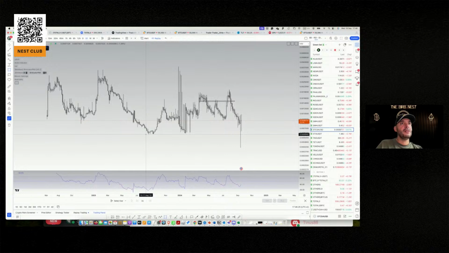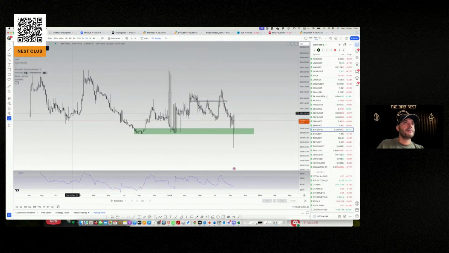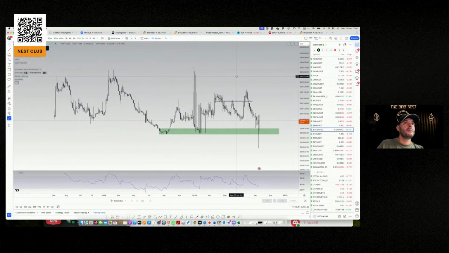Yeah, just like many other. Is this the one? Yeah, I guess so. This is the one. This is an extreme long wick. Well, of course, there's no volume here.